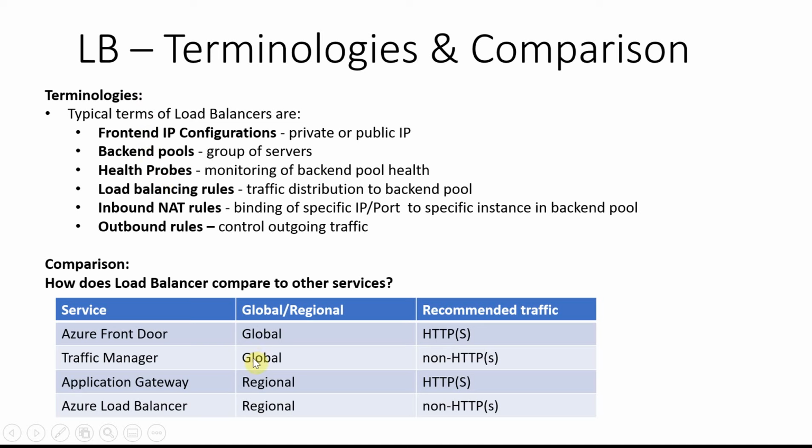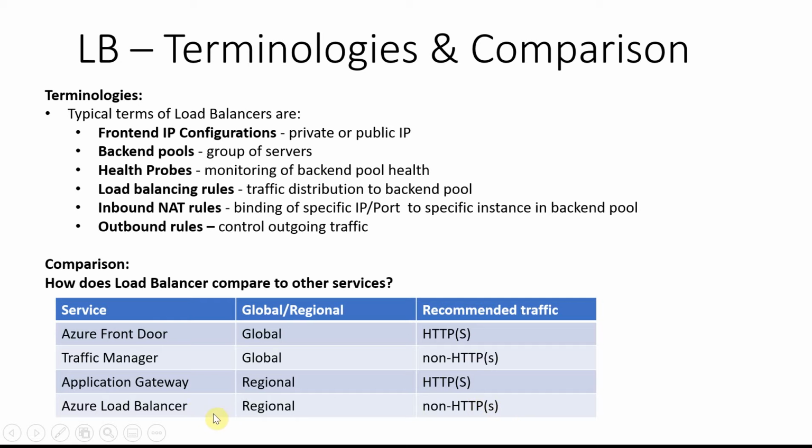But there are other products also in this load balancer category. This table is important, if you remember. We're covering four products, more or less all coming under the load balancing category. Whatever we saw, the load balancer, is all at a regional level covering the non-HTTPS traffic.